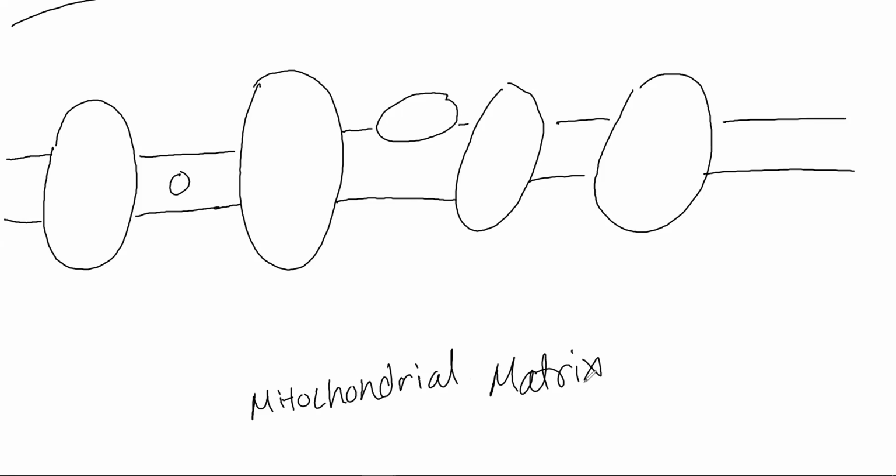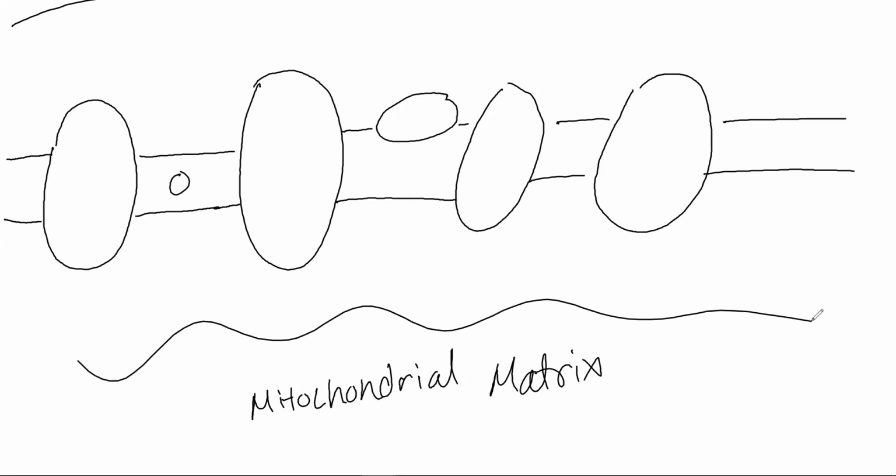But yeah, this space is the mitochondrial matrix. This is the space between the inner membrane and the outer membrane, and this little bit right here I've added is the outer membrane. Does that make sense? Do y'all know where we are now? Yes. All right, good.